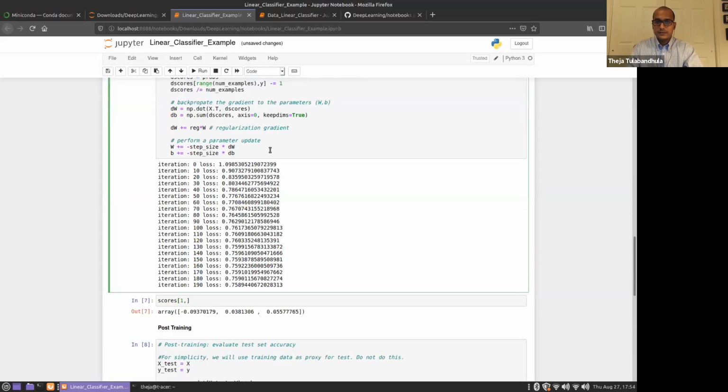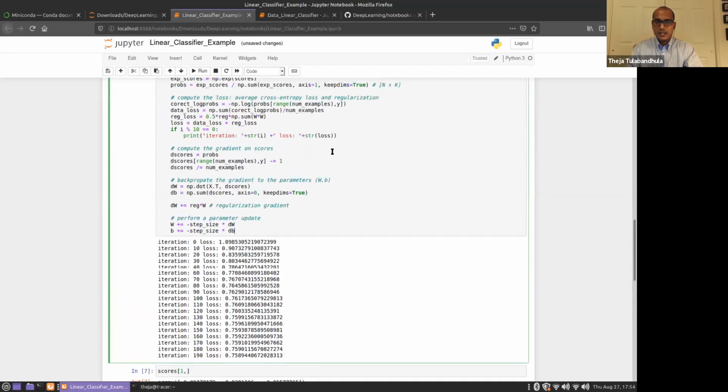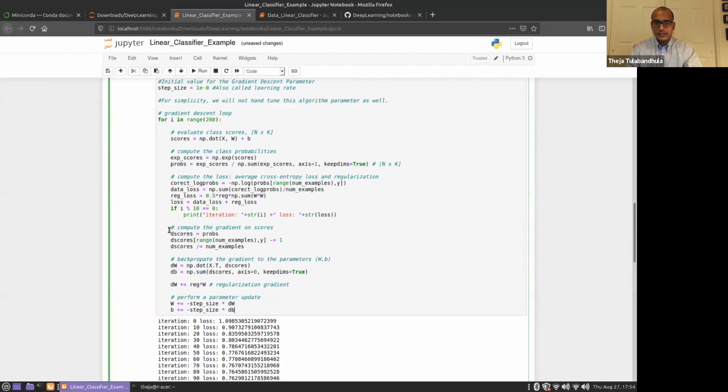Next, here we're computing the gradients. Although the gradient computation looks messy, from here to here we're computing the gradient of the loss with respect to W and the gradient of loss with respect to B, and that's captured in DW and DB.